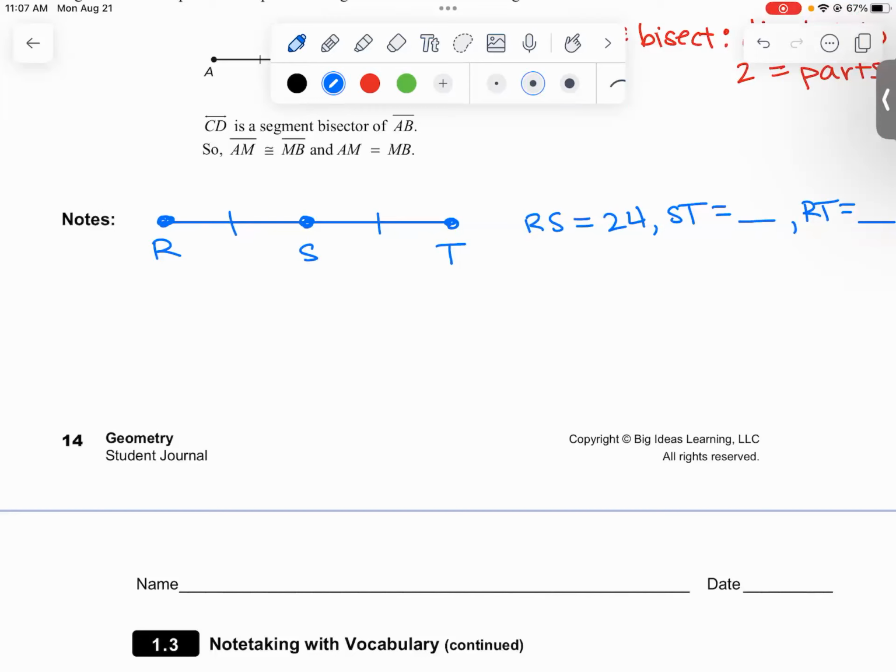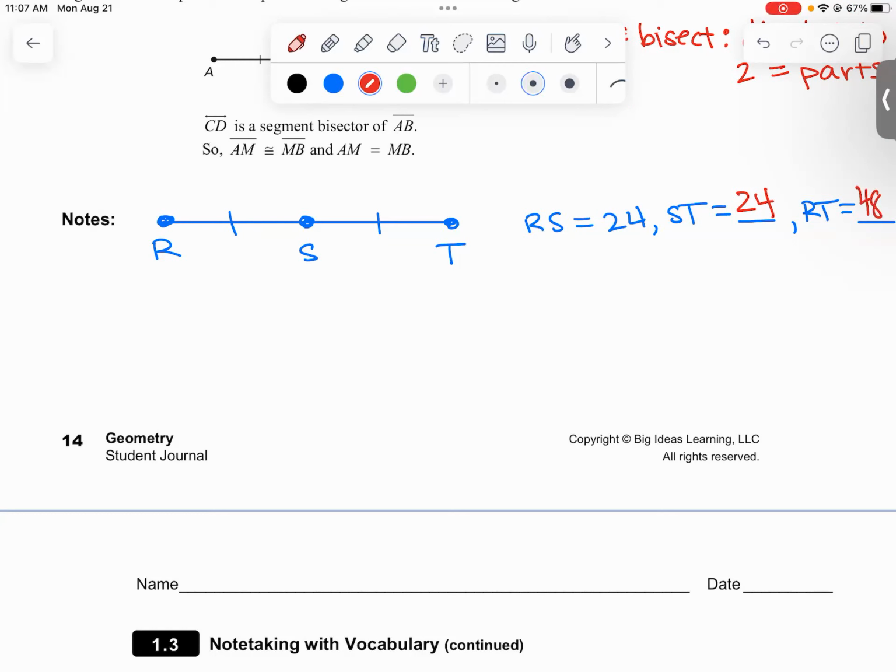What would be the length of ST? Presley? 24. We know that RS and ST are equal, so they equal the same thing. So, Sam, what does that make RT?